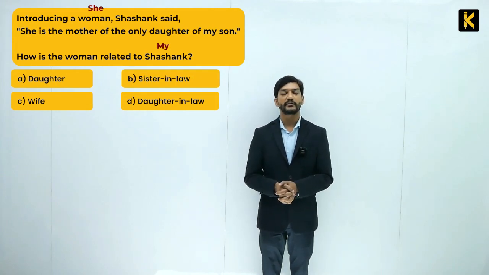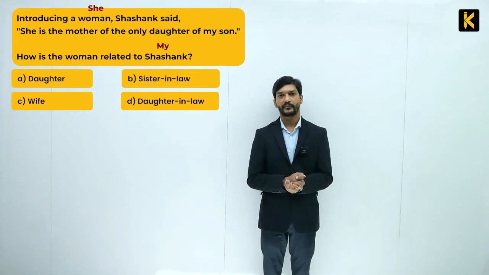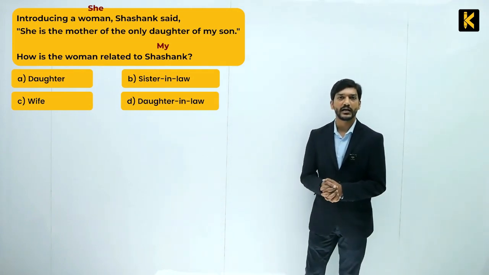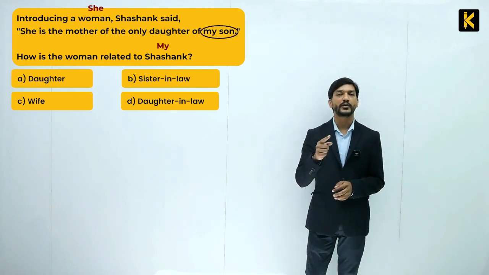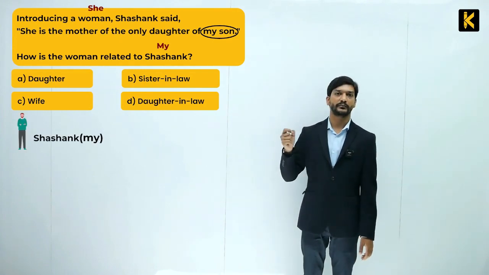Whatever statement is given of word you are observing, okay? So start with the last part. In the last, what is mentioned in the statement? So you will say, sir, in the last, my son is mentioned. So my means what? Shashank. So first show Shashank.